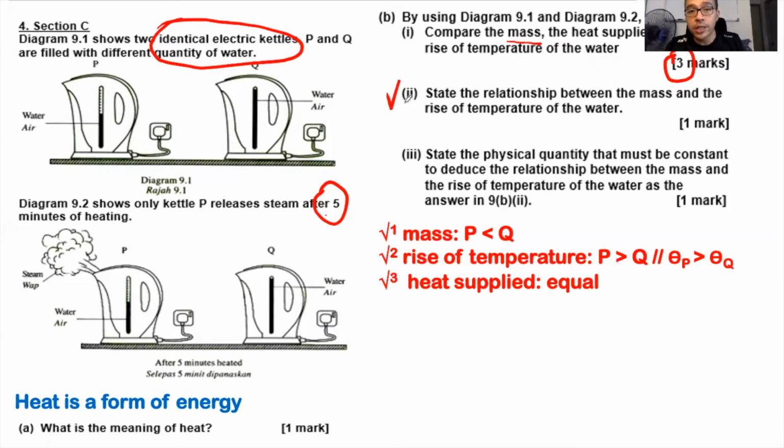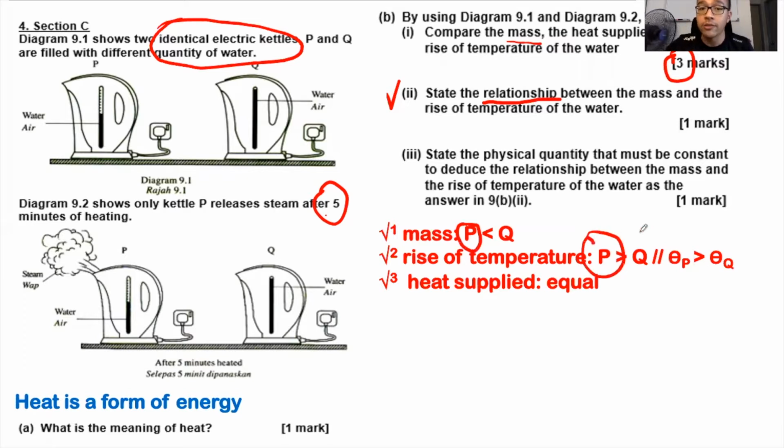Second question, state the relationship between mass and the rise of temperature in the water. How do we state the relationship? We write it by using the words, the bigger the something, the bigger the other thing, or the bigger the smaller, depending on how the relationship is. We find over here that the mass of P is small, but the rise of temperature is bigger.